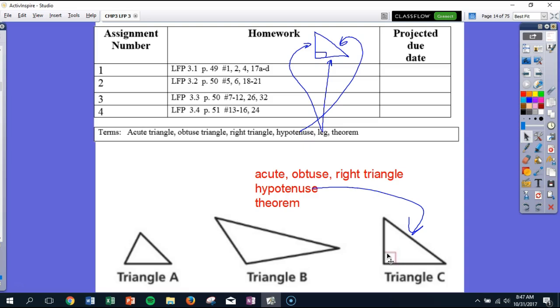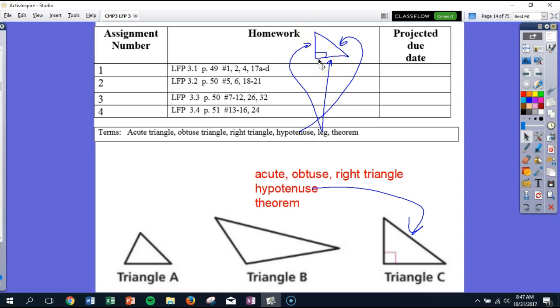Also, right triangles have what's called a hypotenuse. The hypotenuse is the longest side of a right triangle, and it is always opposite the right angle. Legs are the other two sides of a right triangle. So this is a leg and this is a leg. I also have both of those illustrated up here.